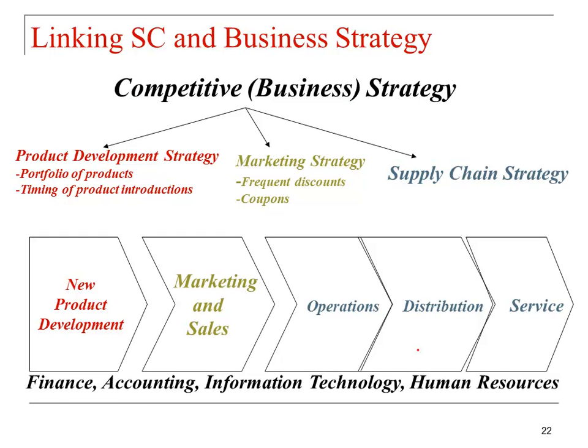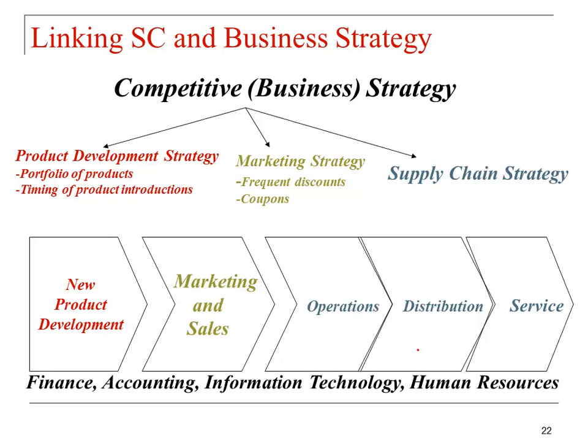So a competitive business strategy involves these 3 things. The product development strategy, of course, you want to get a product that is needed by the customer. You're going to have a good marketing strategy.